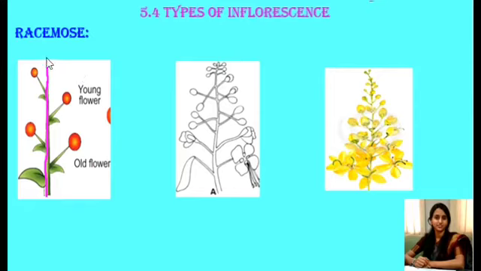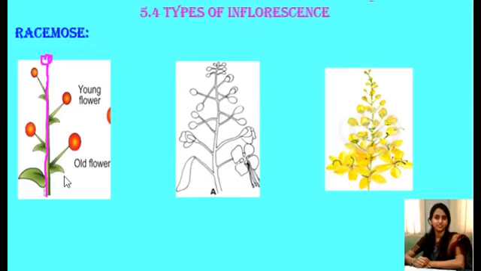Here, the tip of the inflorescence axis consists of the bud. Because of the presence of this bud, the inflorescence axis continues to grow. So the flowers are born laterally in acropetal manner or acropetal succession.